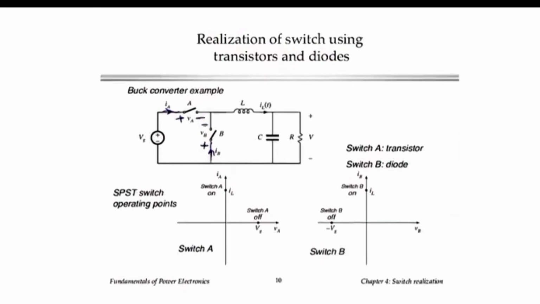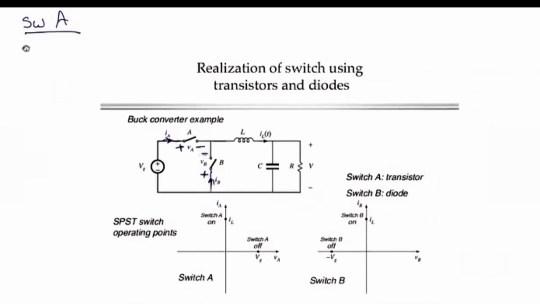Let's consider switch A first. When A is on and B is off, you can see the current that switch A conducts is the inductor current, so IA equals IL. Now we know that the inductor current is also the load current.